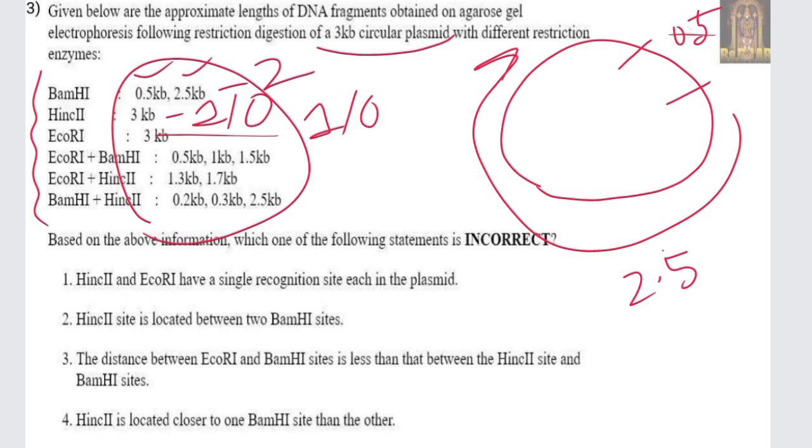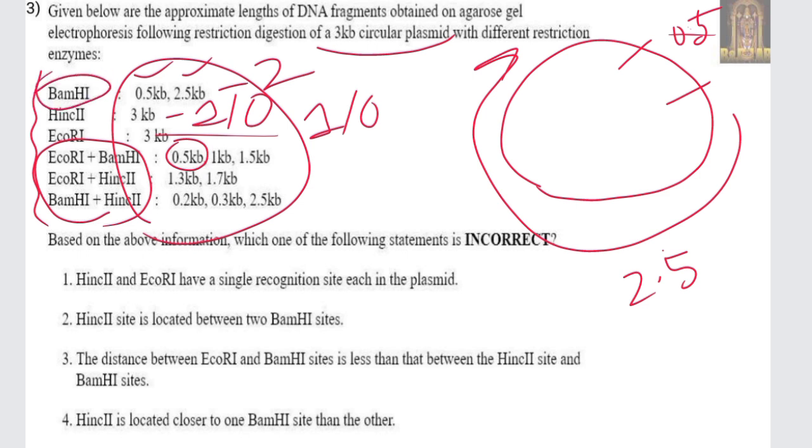Now go for the combinational part. So EcoRI and BamHI were used in combination, and they got the 0.5 kb band. This band is for the BamHI site, which is also present when we treated it with BamHI.